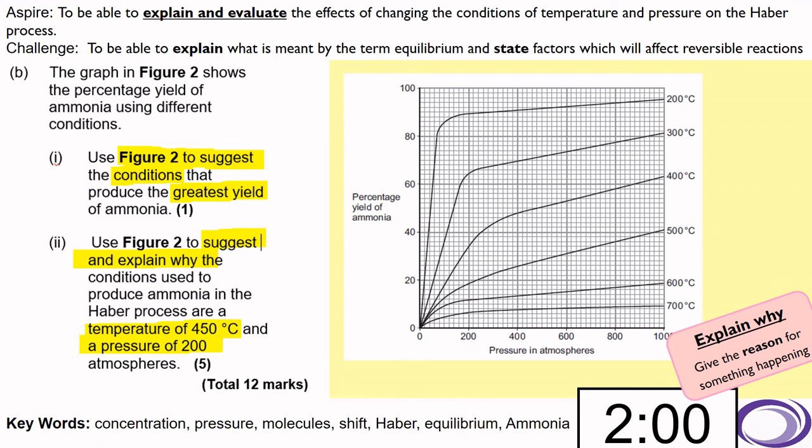Now, you may need to pause to give yourself a little bit more time for the second part of that question. Remember that when you are being asked to explain why, you have to give the reason for something happening. So you need to be saying why we compromise with those conditions.